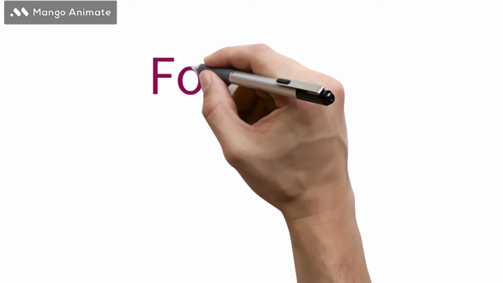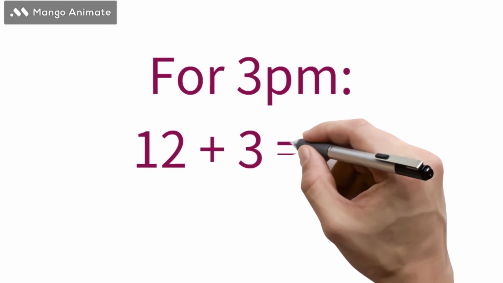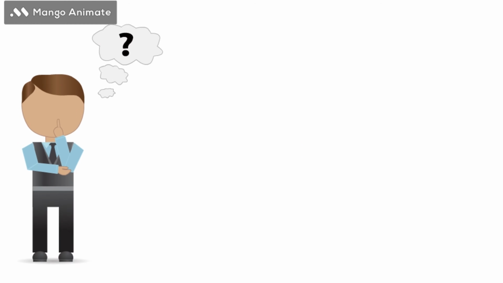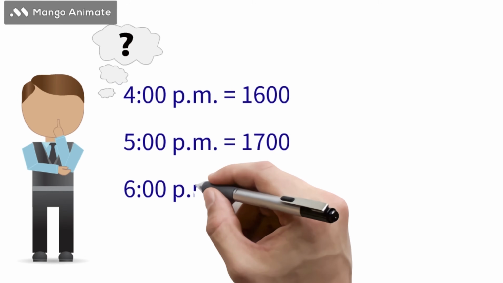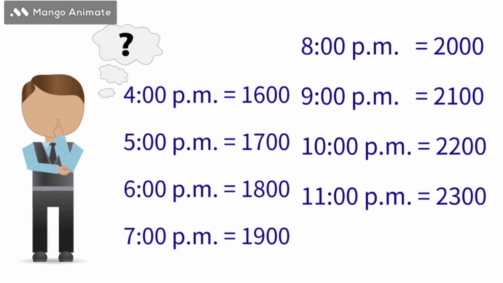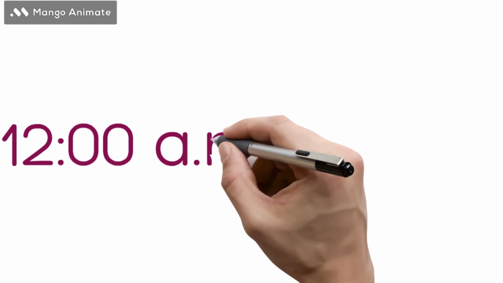If it's 3 p.m., you add 3 to the 12 to make 15, etc., until you get to 11 o'clock, where you add the 11 to the 12 to make 2300. This is 11 p.m. And then at midnight, we start over again and we call that 0000.